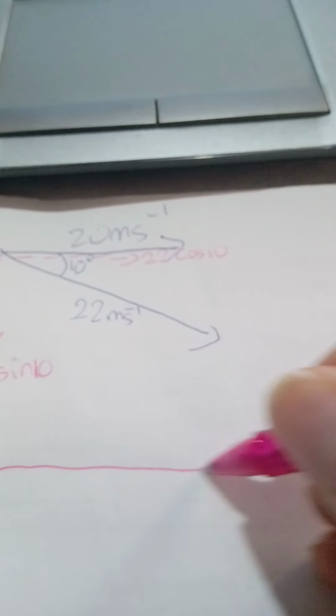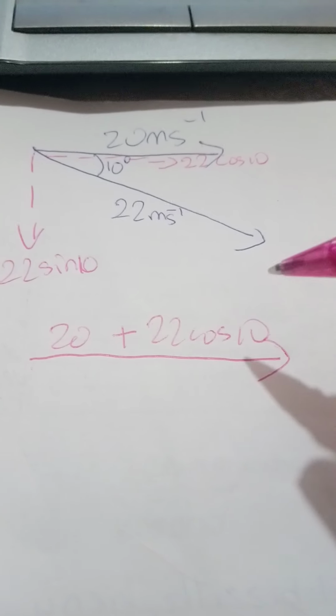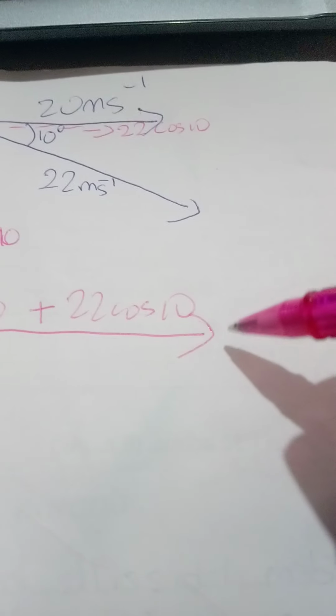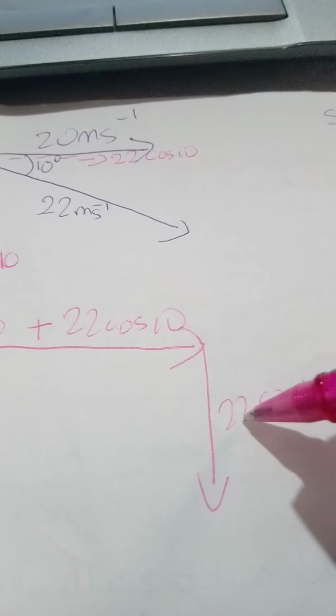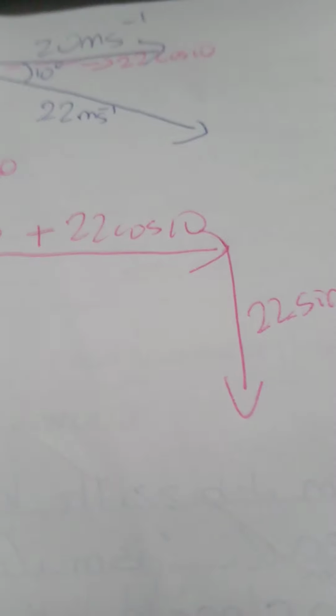I can form another triangle. Horizontally, we've got 20 meters per second plus 22 cosine 10, while vertically, which I can write down over here, I've got 22 sine 10 degrees. And from there, we've got to find the velocity resultant, which is at angle theta.